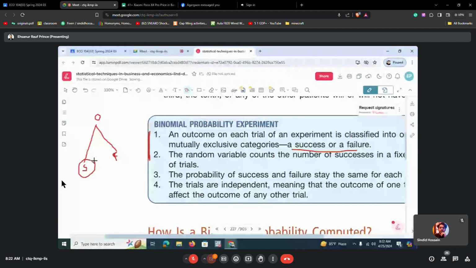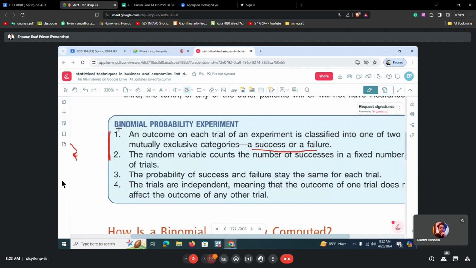So when you have this type of situation, where the experiment has either success or failure, but the random variable is counting the number of successes, then use the binomial probability distribution, the distribution that you need to follow at that time.